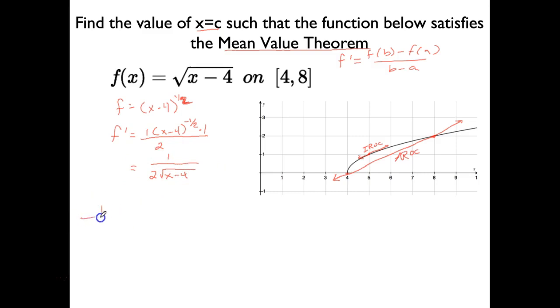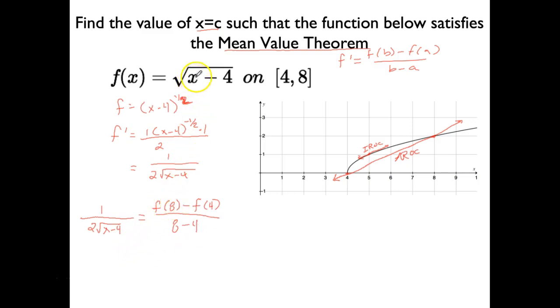Okay, I'm going to set my derivative equal to my average rate of change. So f of 8, because that's my b value, minus f of 4, because that's my a value, all over 8 minus 4. Okay, let's figure out what this whole thing is.